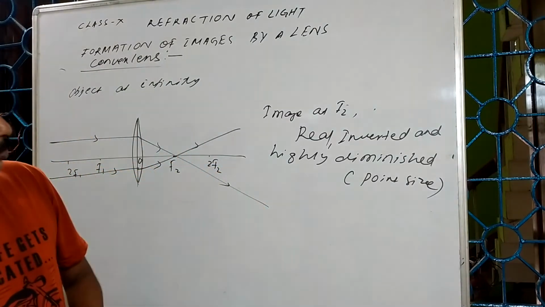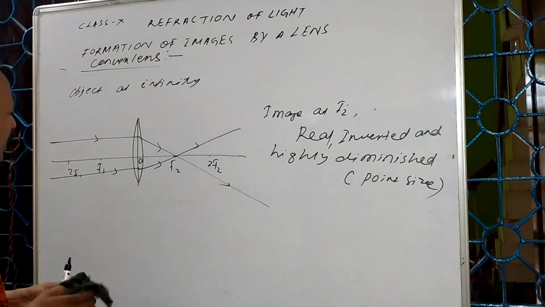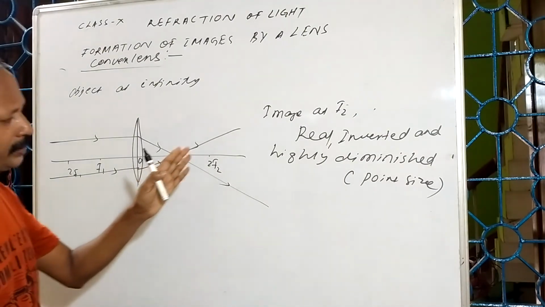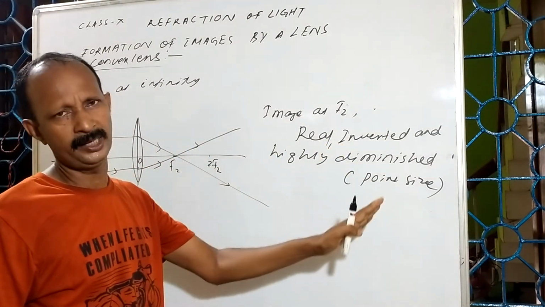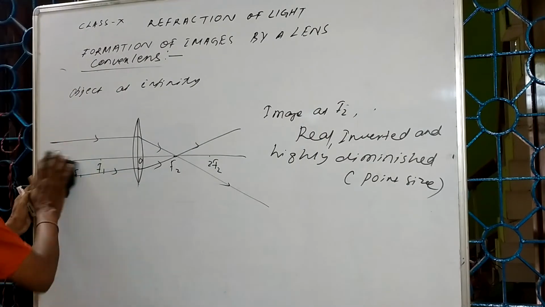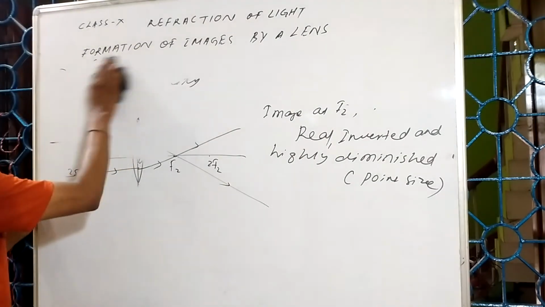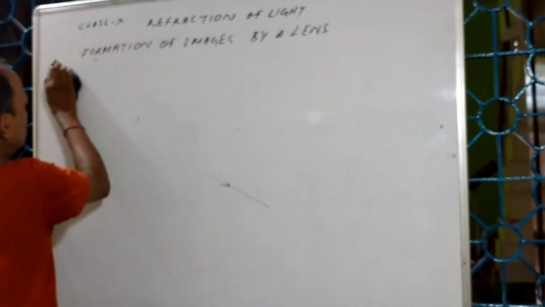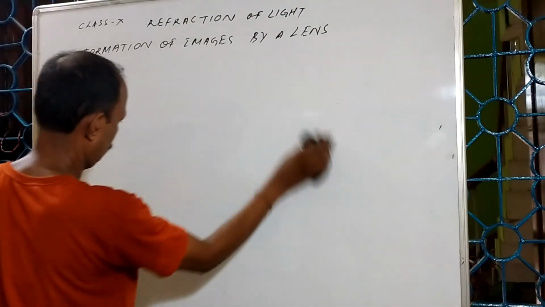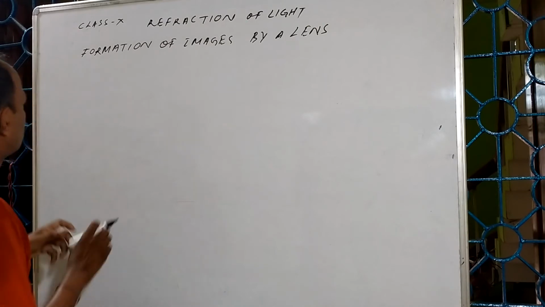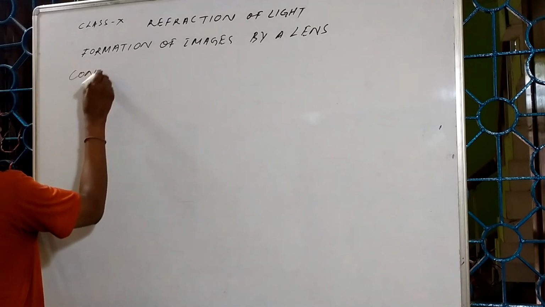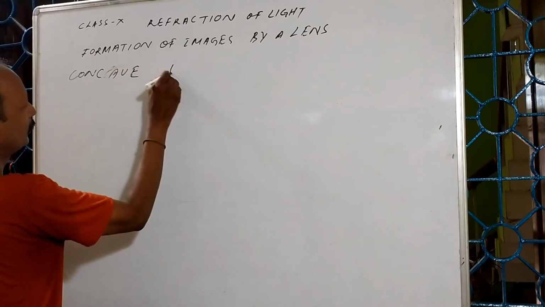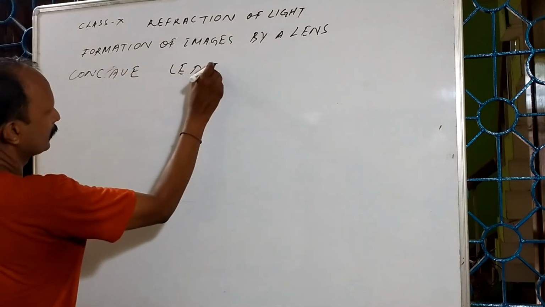So this is about the formation of image by a biconvex lens and the characteristics of the images. Now let us move towards the concave lens. So next one is the concave lens.